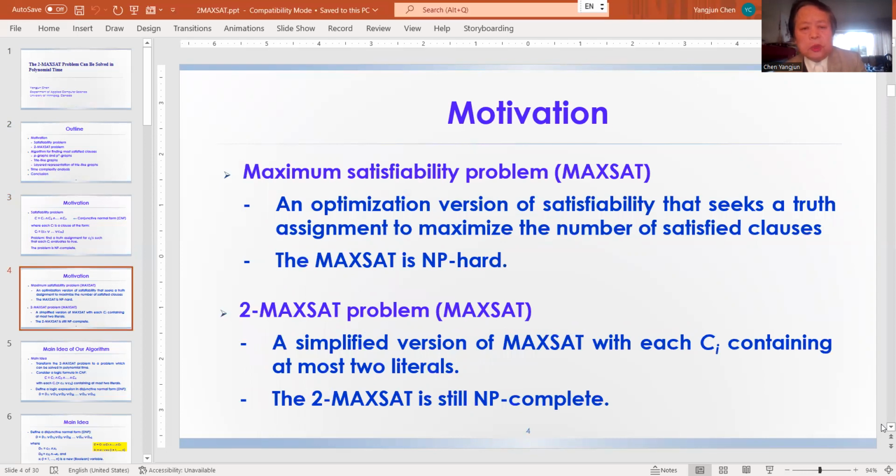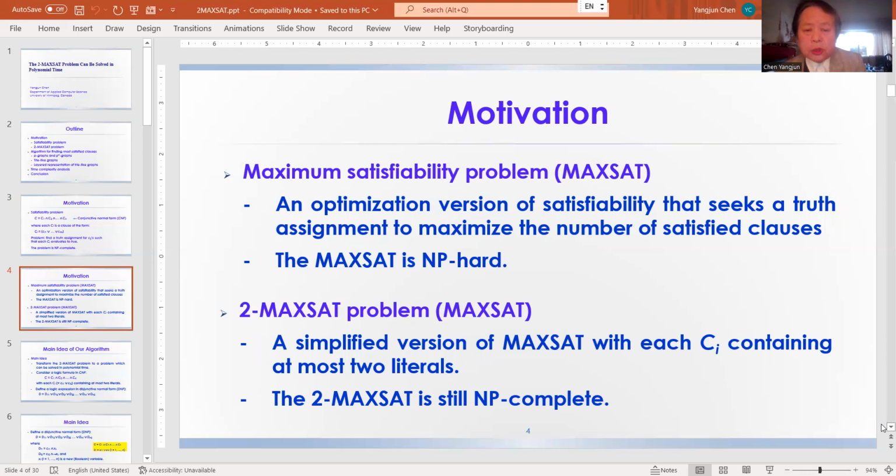The maximum satisfiability problem is an optimization version of satisfiability that seeks a truth assignment to maximize the number of satisfied clauses. This problem proves to be NP-hard.